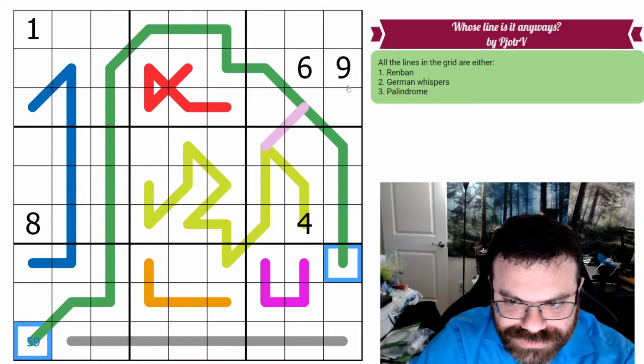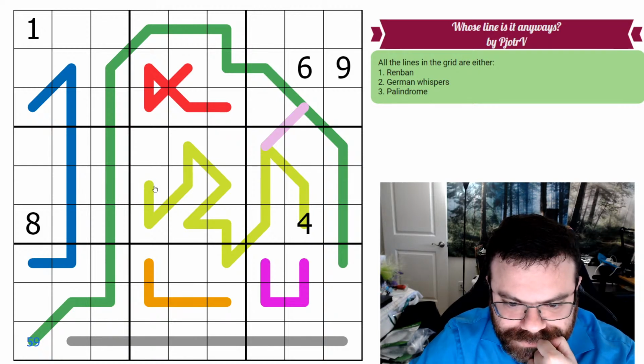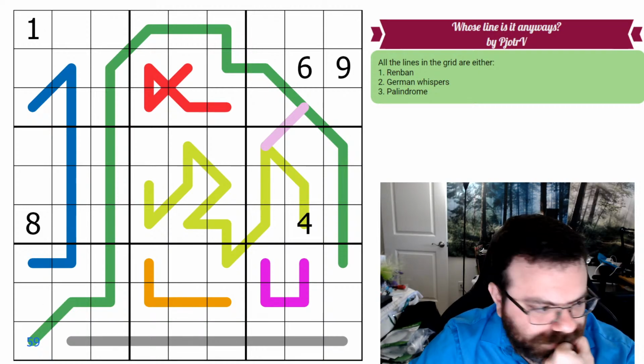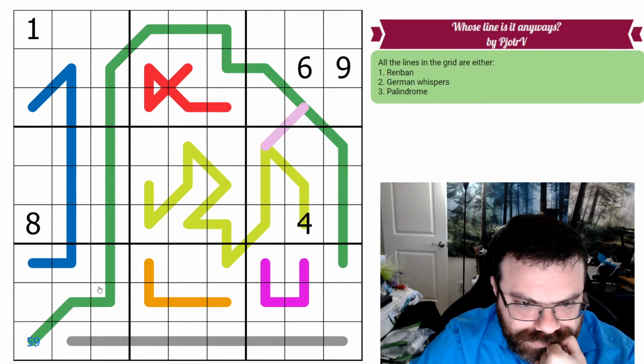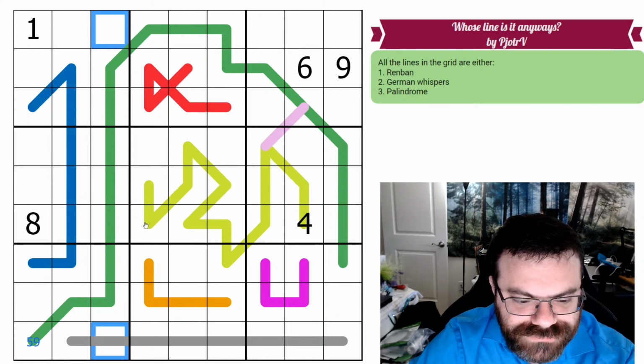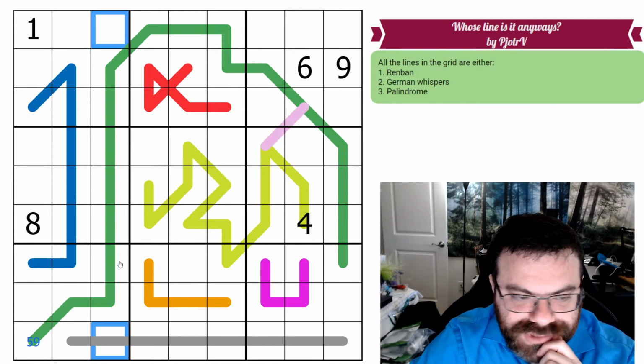Because it can't be a palindrome because it sees this 9. So if that were whispers, then both red and lime are palindromes. If green is whispers, it forces a 5 to be one of those two. Seems okay.